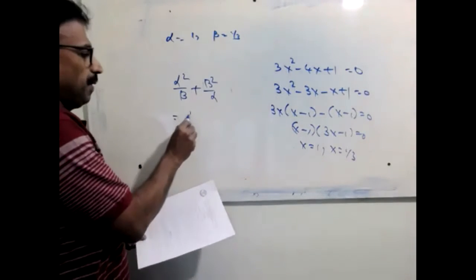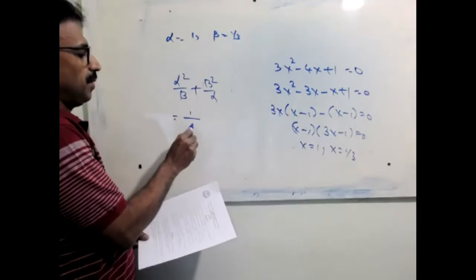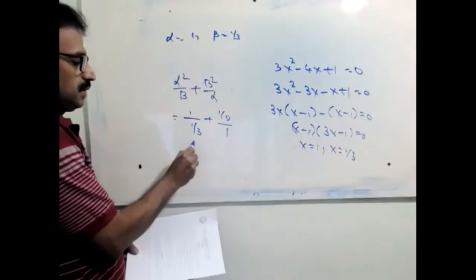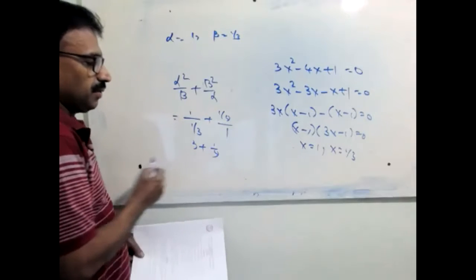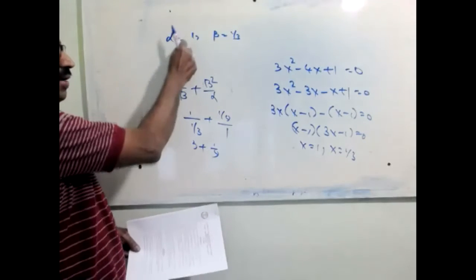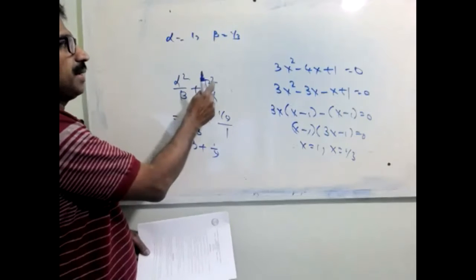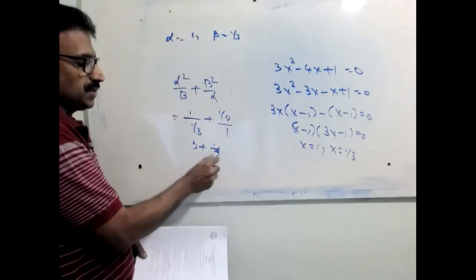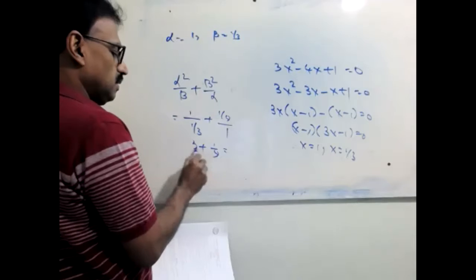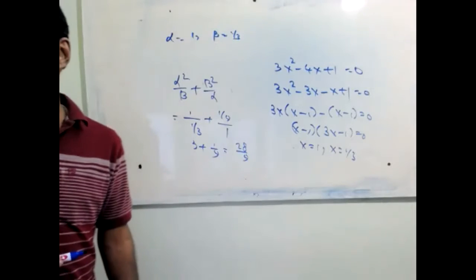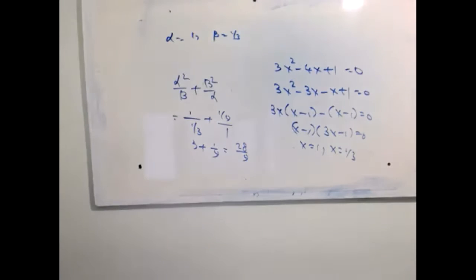Substitute: alpha is 1, 1 square is 1, beta is 1 by 3, so 1 by 1 by 3 is 3, plus beta square 1 by 9 by 1, that is 1 by 9. How much? 28 by 9. Correct? 28 by 9.